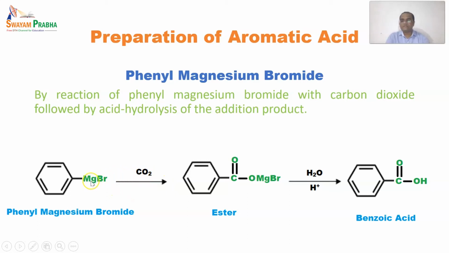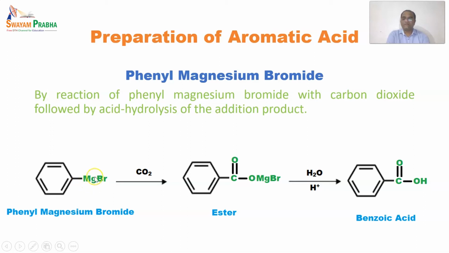And CO2 is introduced in between, and it happens because magnesium is a metal, and this metal will bear a positive charge, and the bromide or phenyl ring will have a negative charge on it.